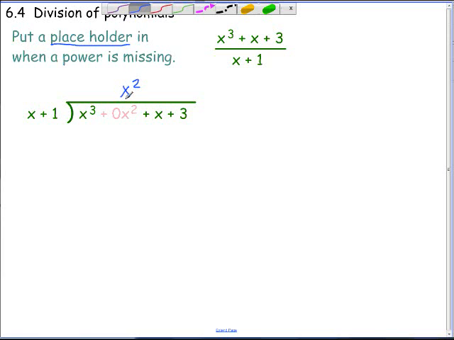That gave us a place for us to put our x squared, which we need here. X to the third plus x squared. We're going to subtract that. And that will be a 0 here and a negative x squared. If you're subtracting 1x squared from 0x squared, you're going to have a negative 1. Now we're going to bring down the next term, so we'll have a binomial here. X plus 1. Well, what are we going to use now?